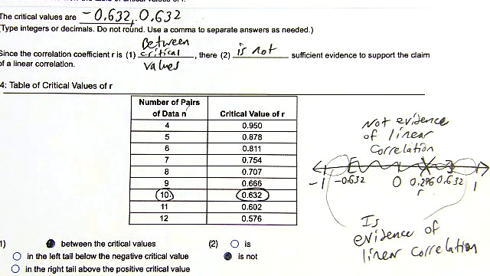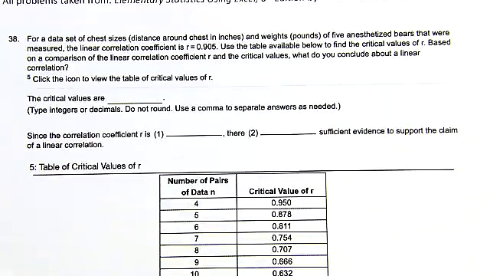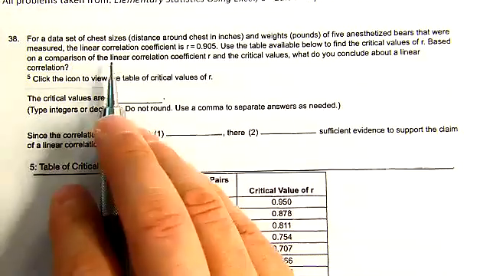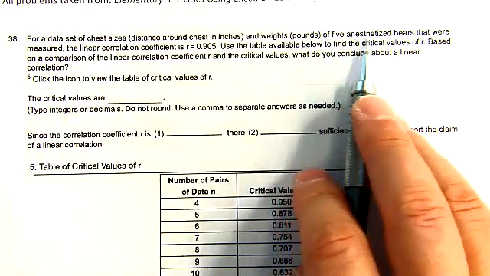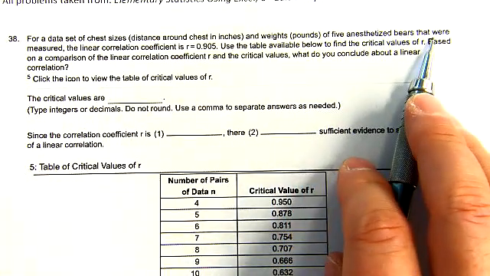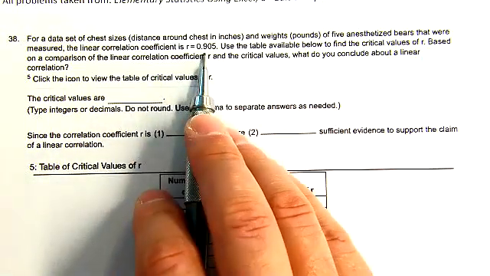Okay. Next one's exact same, just different numbers. So this is chest sizes of bears and their weight. 5 anesthetized bears with a linear correlation coefficient R of 0.905.